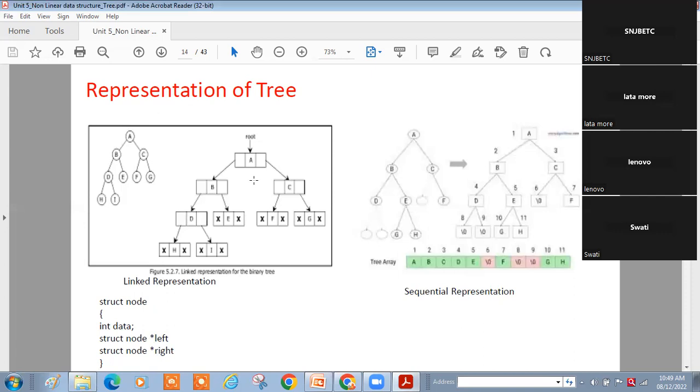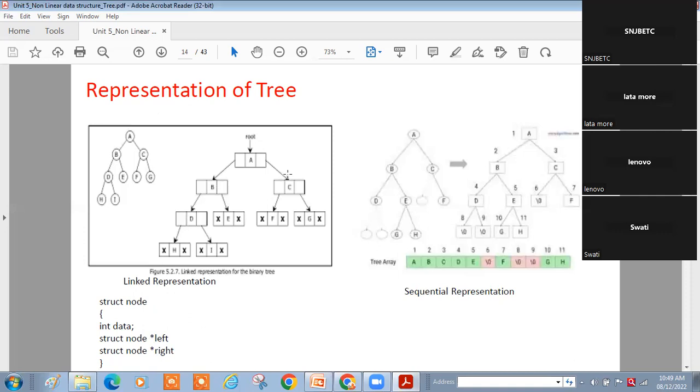In a singly linked list, the address of the next node is provided. In a doubly linked list, it will provide the address of the previous node and the address of the next node. In a similar manner here, this is nothing but a node, same as it is used in the doubly linked list. So the middle field represents data, and these two fields represent the addresses of the child nodes.